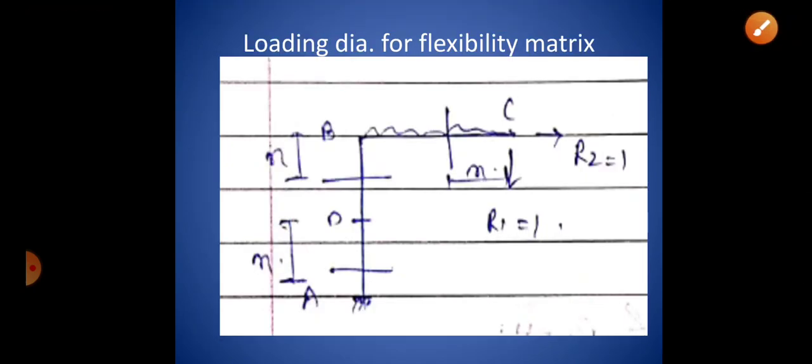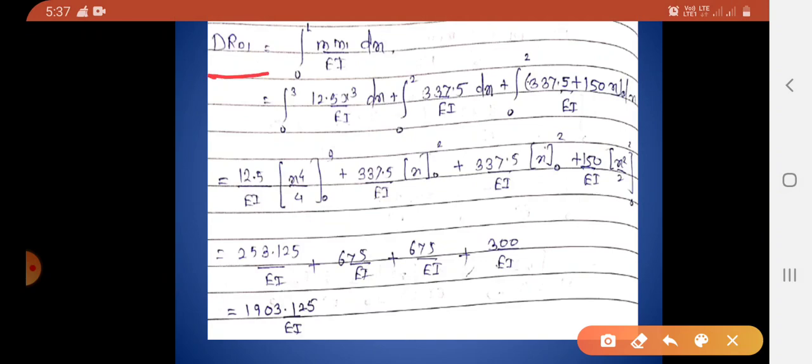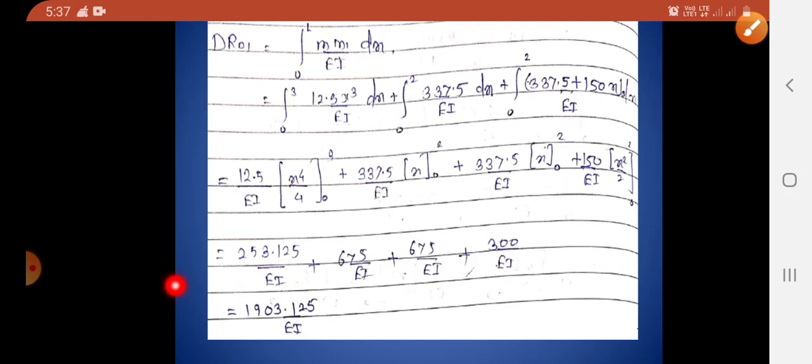Then we will actually get the values of the DRD matrix and the F matrix. First we will discuss the DRD matrix. For the DRD matrix, the first element is DRD 1, which is the integration from 0 to L of capital M into small m1, capital M into small m1. Put the respective values as in the table. From the table you can get all the values.